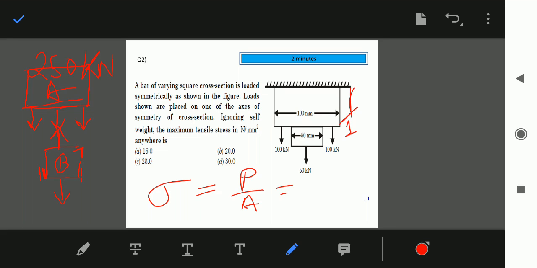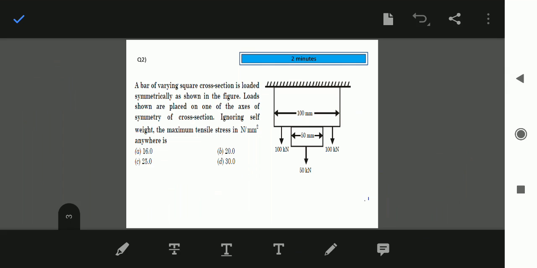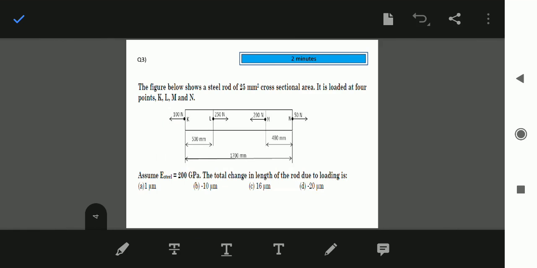So area will be 100 into 1, and P is 250 kilonewton divided by 100 millimeter square. The answer will come out to be 25. So maximum will be 25. Again, easy question. Option C is correct. So let's move on to the third question.